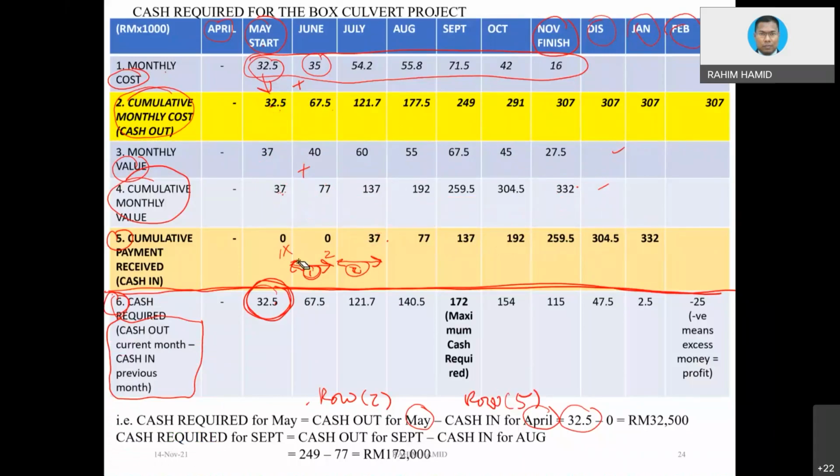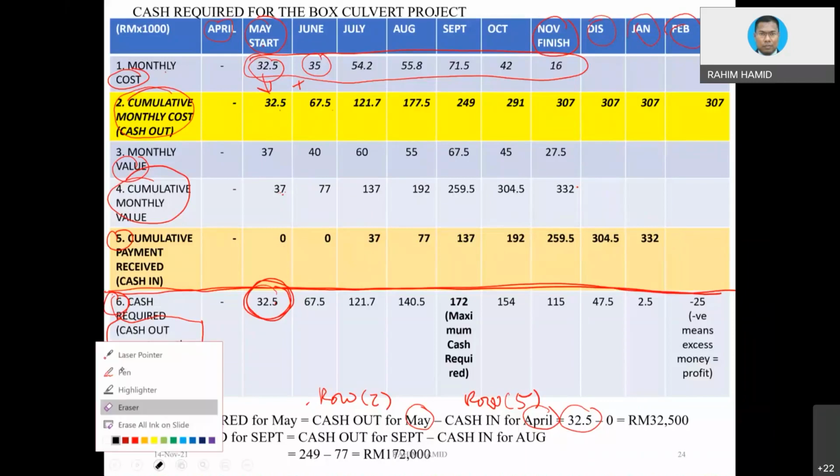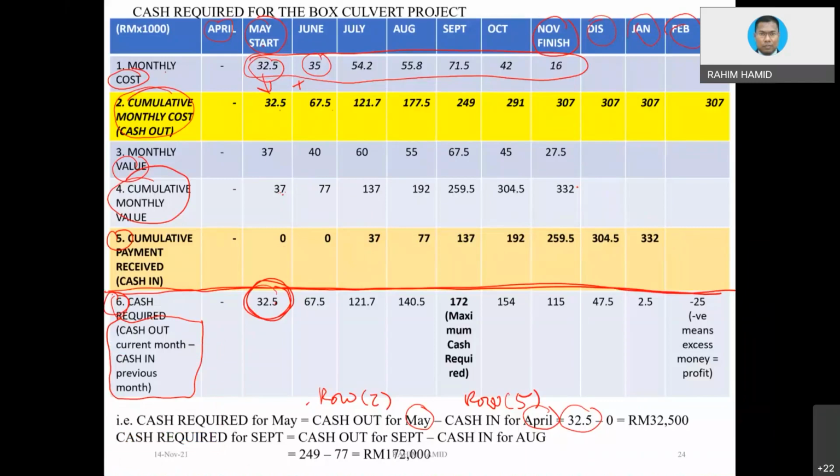Okay, now. Remember, our focus now for the cash requirement is only on row number 2 and row number 5, which I already colored. The one in yellow is 32.5.